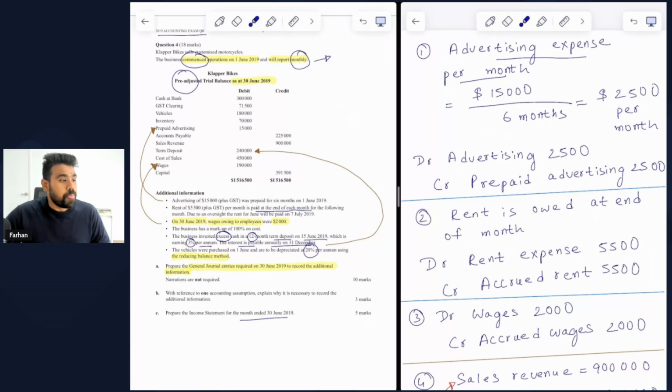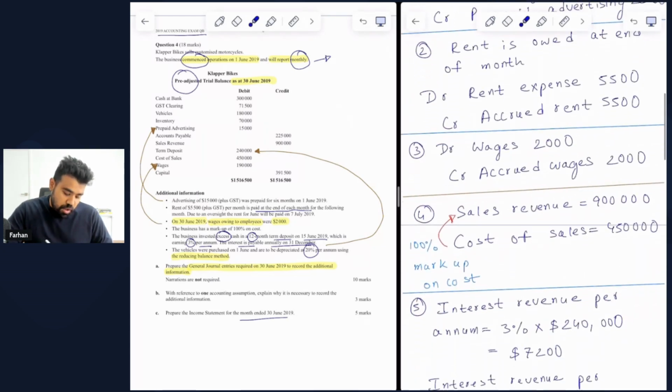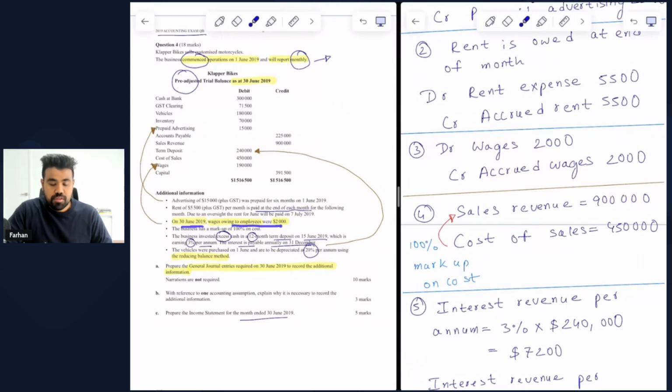Additional information number 3 says that on 30 June 2019, wages owing to employees were $2,000. Again, this refers to a current liability for the business because the business has utilized the labor from its staff and employees, but is yet to pay $2,000 worth of wages.